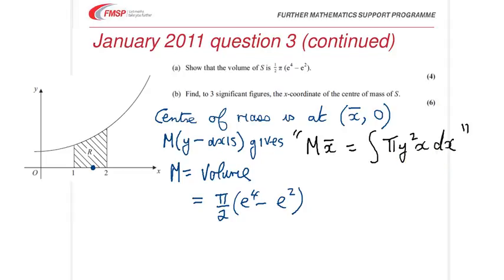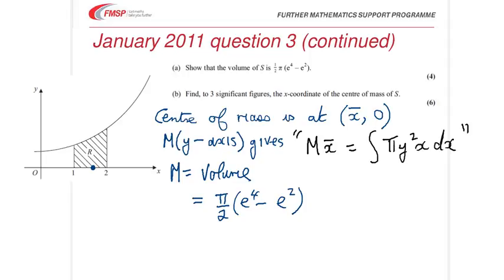That's effectively the sum of all those tiny little disks of mass pi y squared times their distance x from the x-axis. You can look up the theory behind that in your textbook.